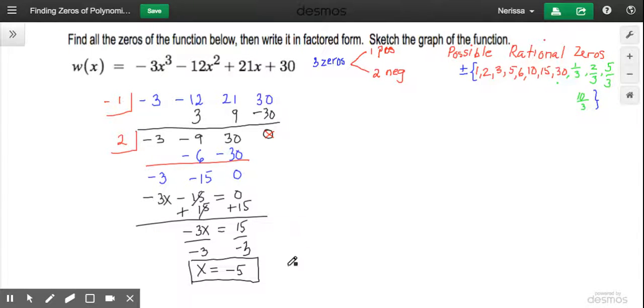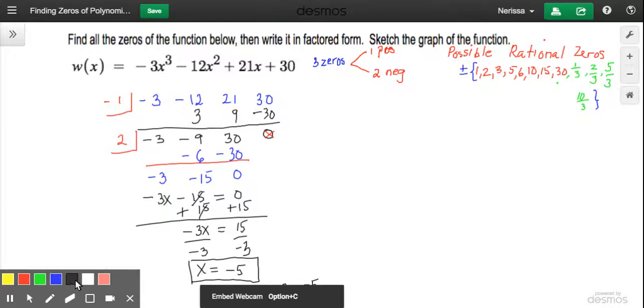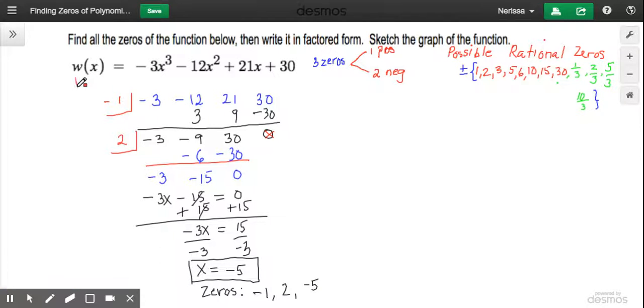So the zeros are negative 1, 2, and negative 5. So now we can write w of x in factored form.